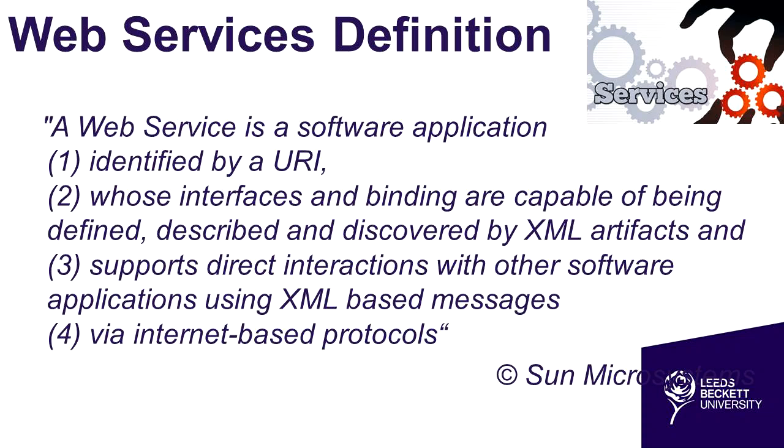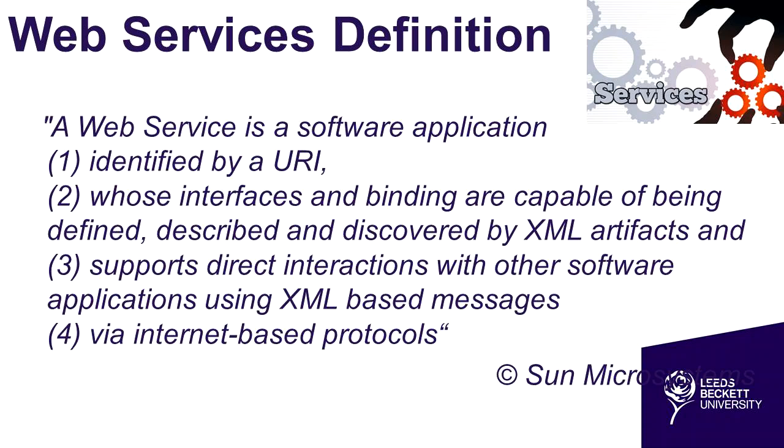I'll just quickly go through this. A web service is a software application which is defined by a URI. What's a URI? It is a Uniform Resource Identifier. The services can be discovered, described, and implemented using XML artifacts.